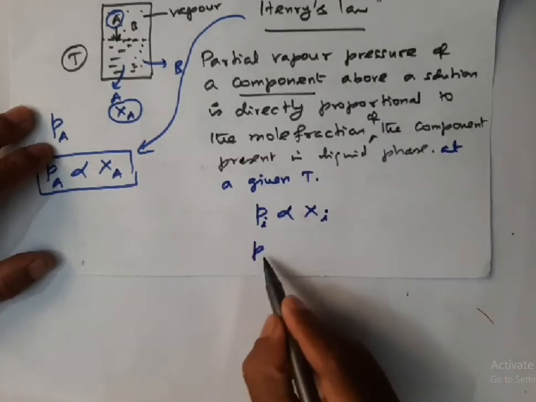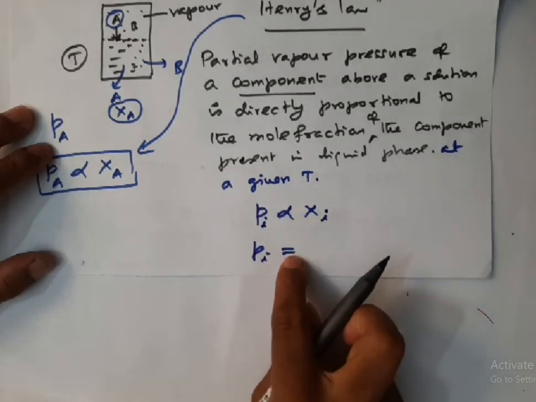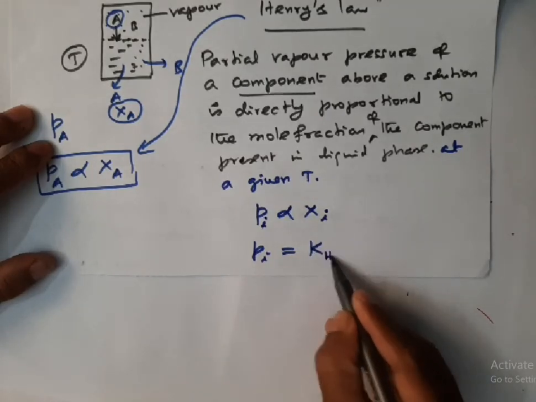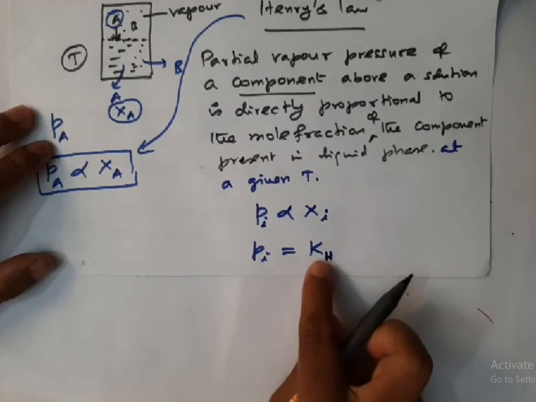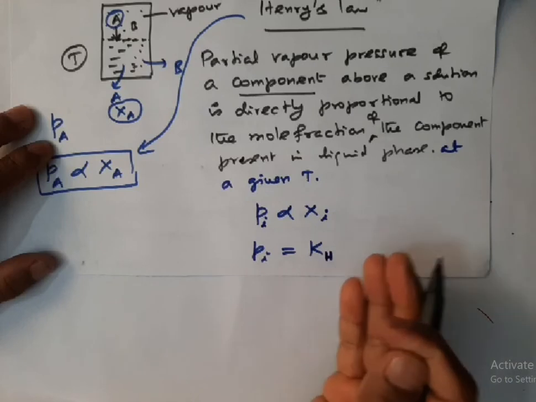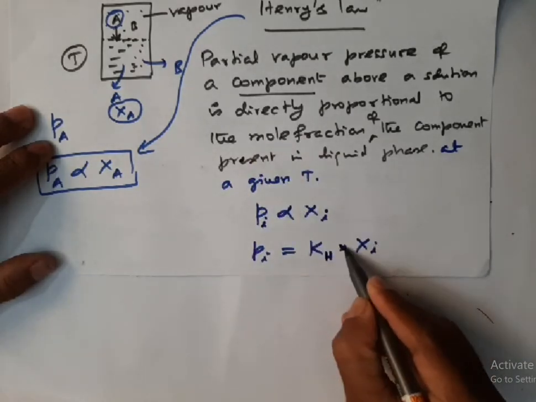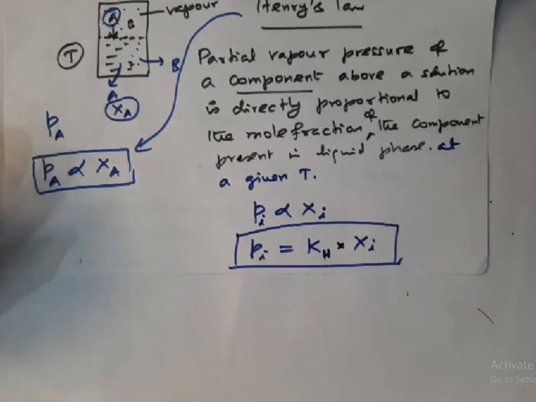Whenever you convert proportionality into equality, we should introduce a constant. So let me introduce a constant, capital K, with H in the subscript. It is called Henry's constant or Henry's law constant. This is a multiplication symbol. Pi equals KH into Xi.